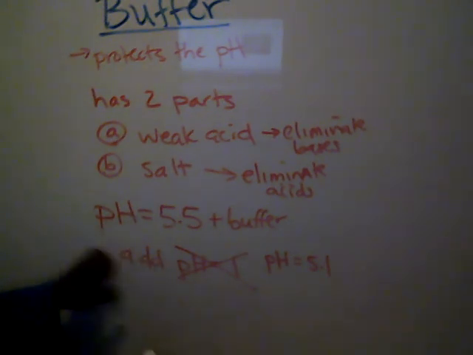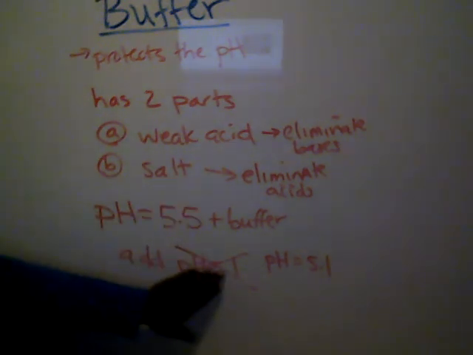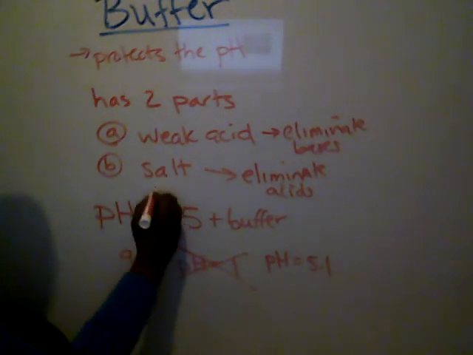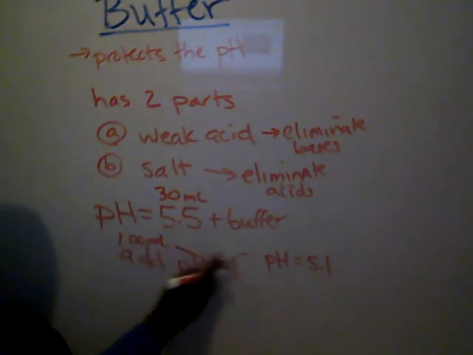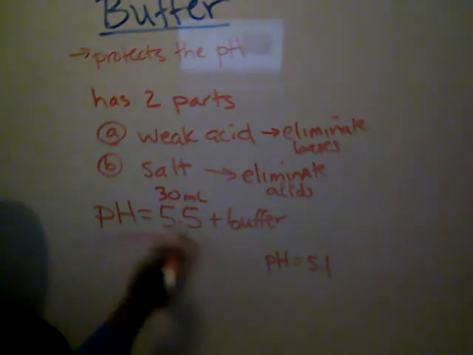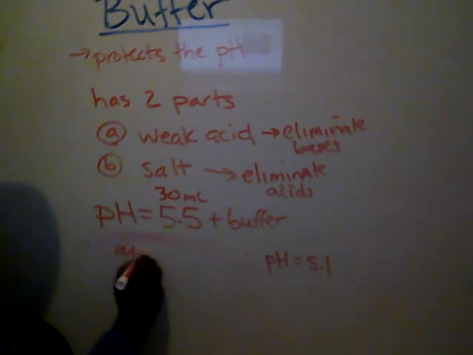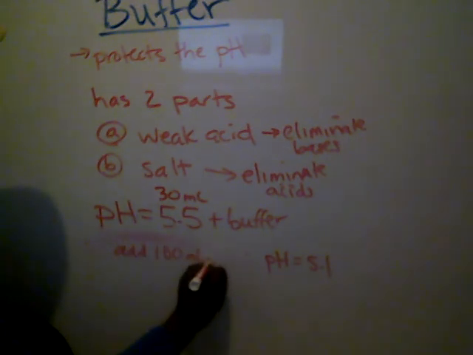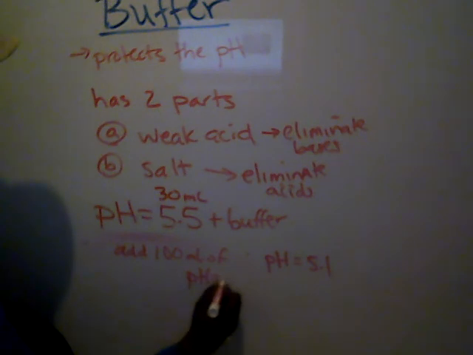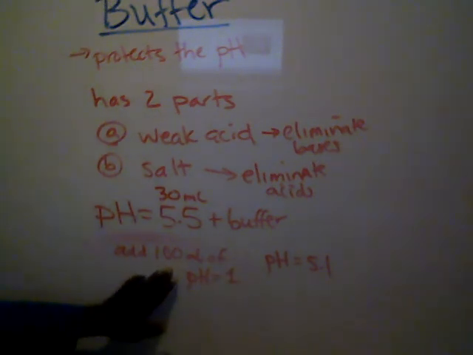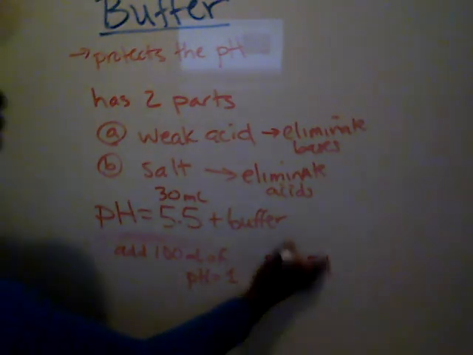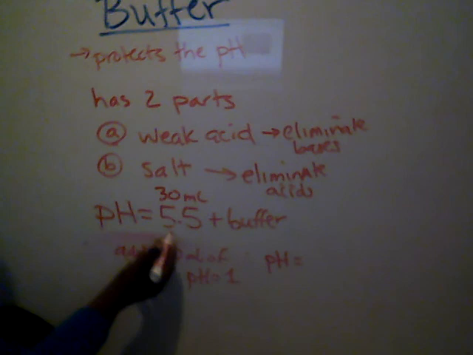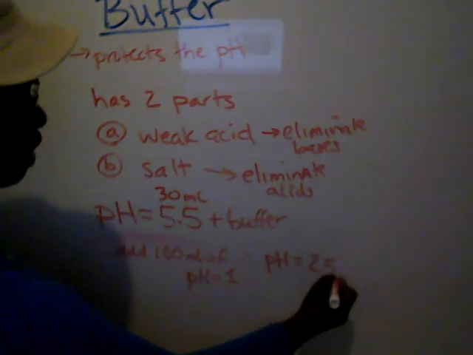Let's say our mixture was only 30 milliliters, and all of a sudden we add 100 milliliters of something with a pH of 1. In this case, we have way more acid than buffer, so the buffer is not going to be able to protect the pH. It may change drastically, dropping from 5.5 to 2.5, for example.